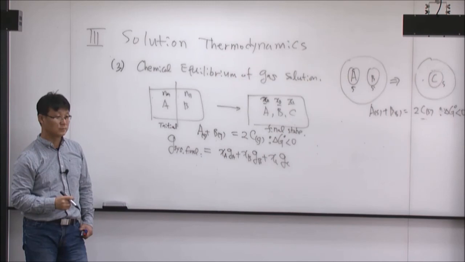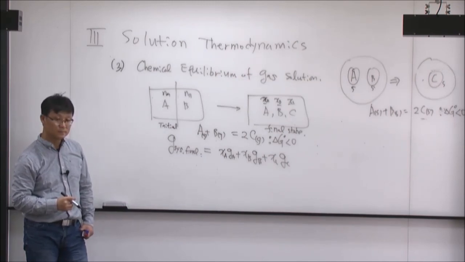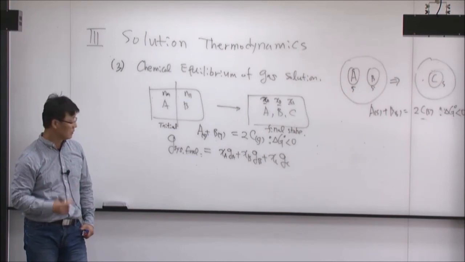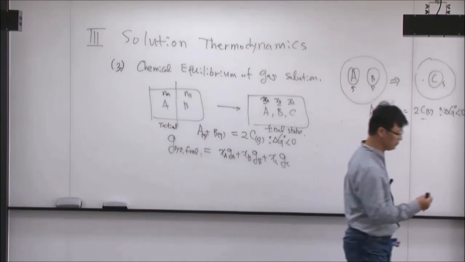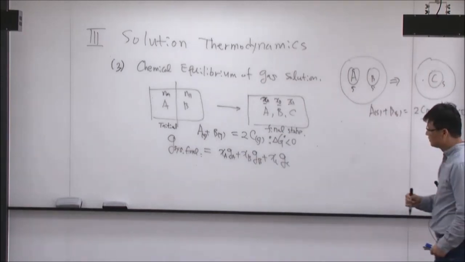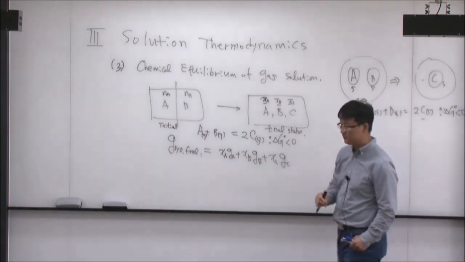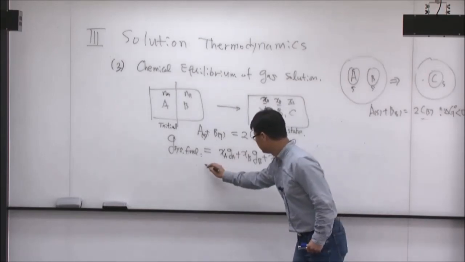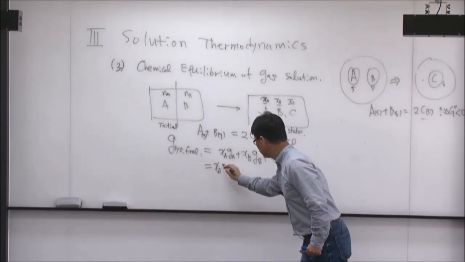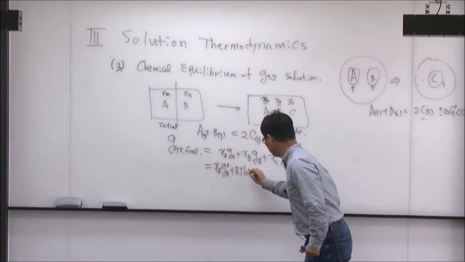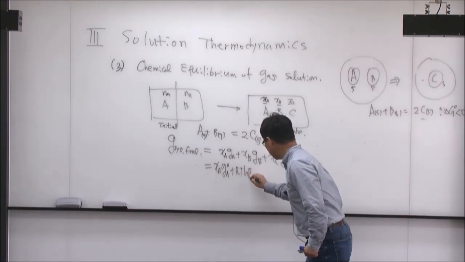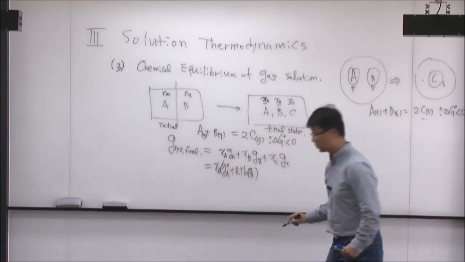Is it okay? Okay, good? And the Gibbs energy of A, B, C. How can you express this one? So this is XA (GA naught plus RT ln PA). Is it okay?